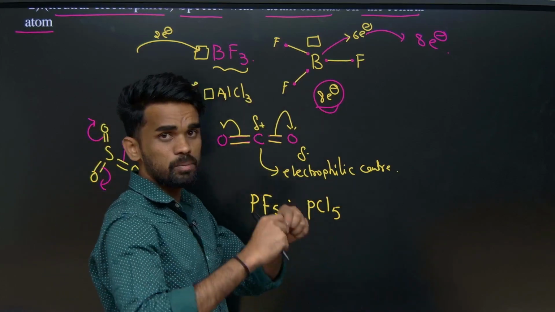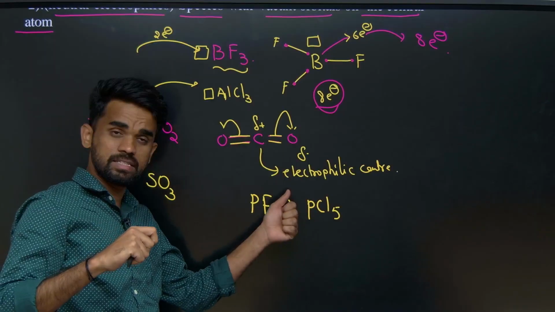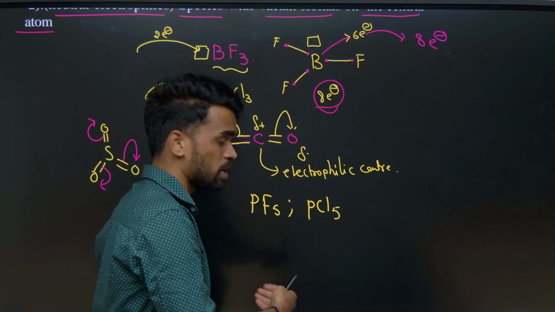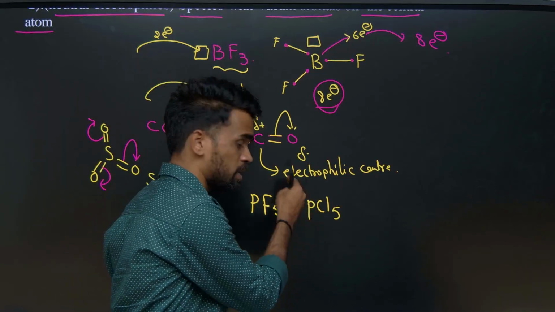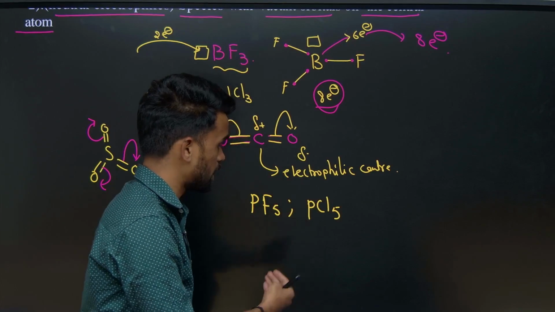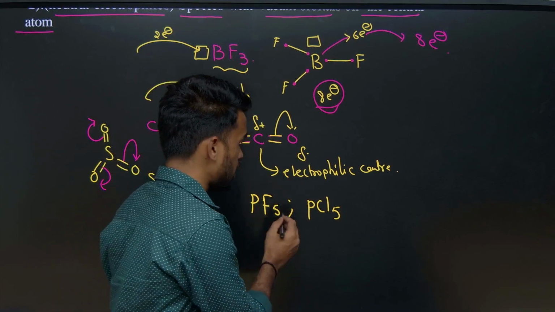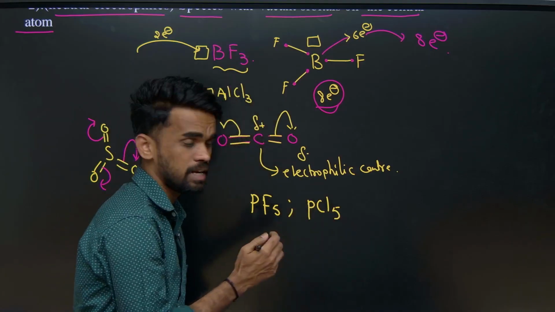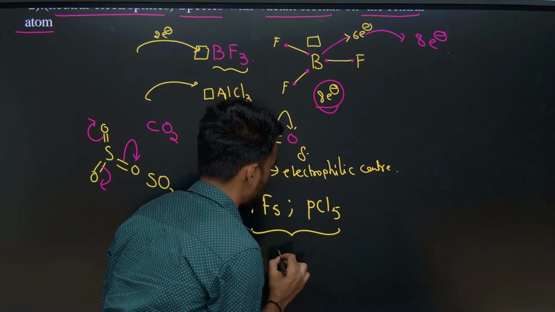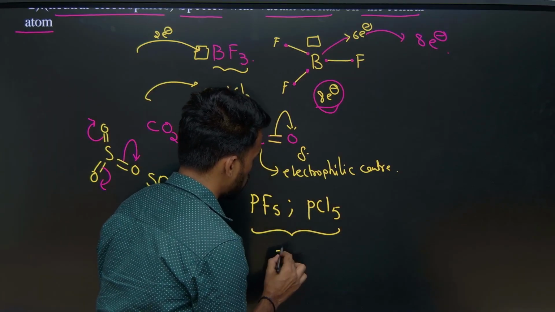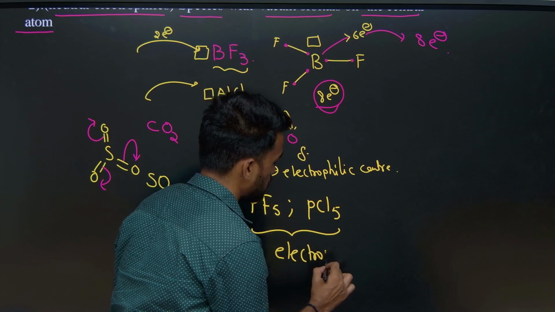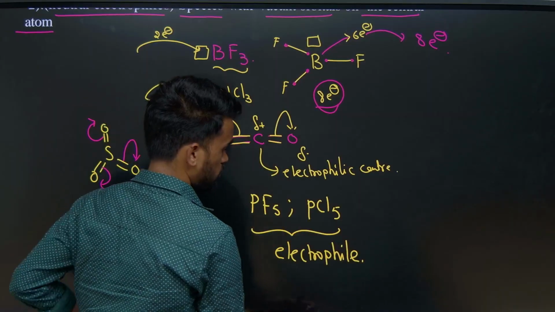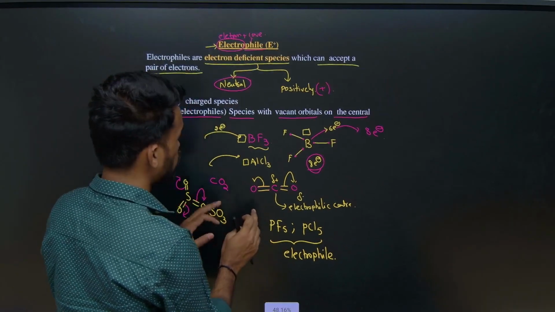Due to this, they create positive charge on the central phosphorus atom, so we have more electron deficiency on the phosphorus, and it also has empty d orbitals, which makes it electron deficient, having an electrophilic side. So PCl5 and PF5 are also considered neutral electrophiles only. Okay, this is about neutral electrophiles.